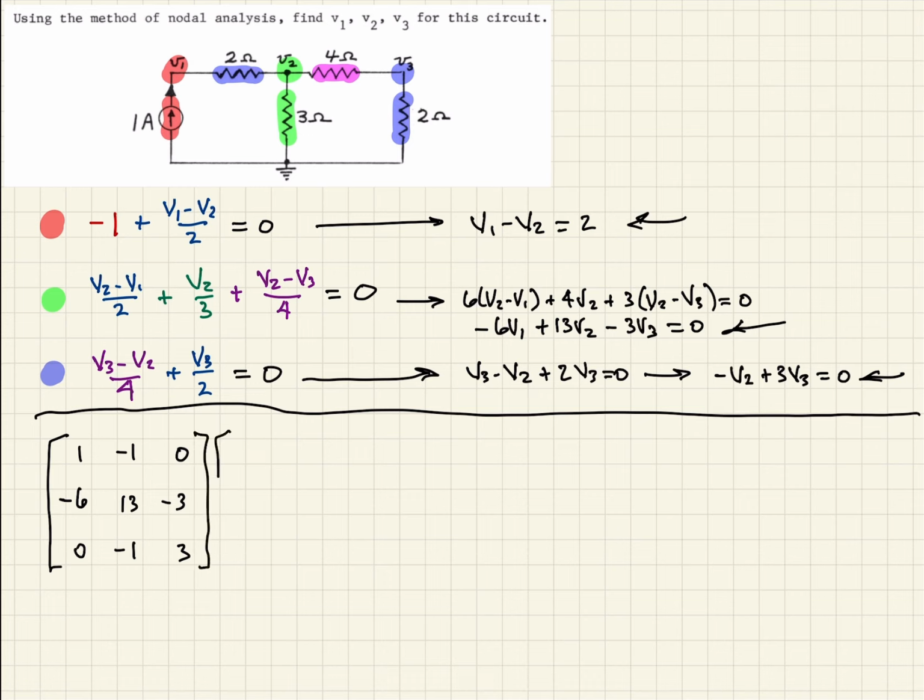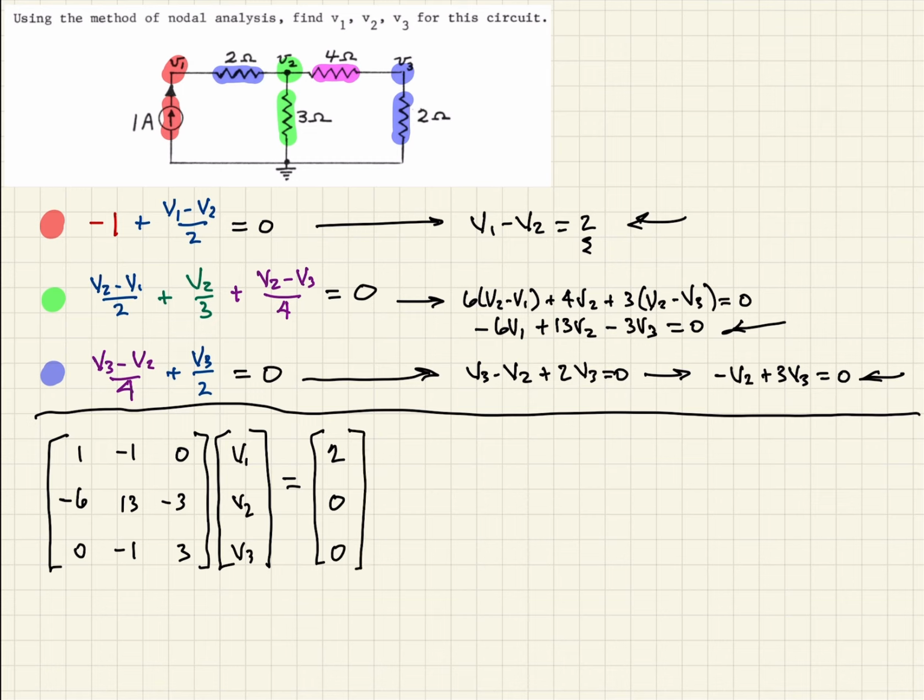Again, that's going to be multiplied times V1, V2, V3. And if we set those equal to the corresponding solutions, the first one was 2, which we get from here. Next one is 0, and then 0.